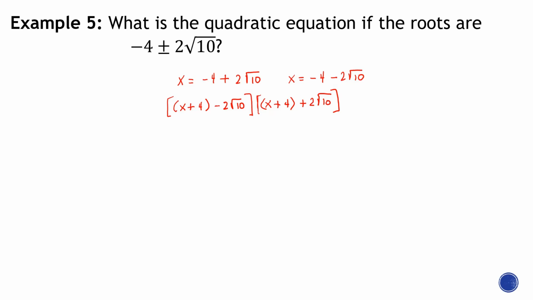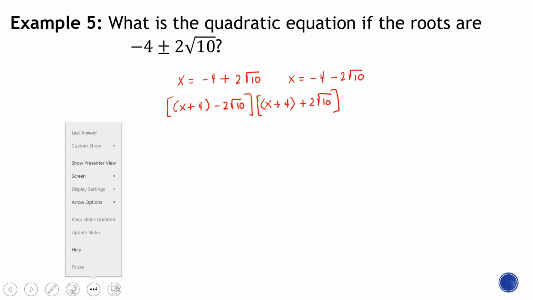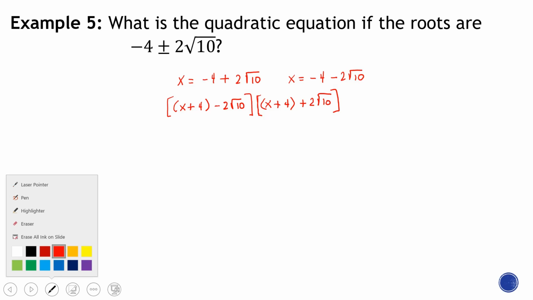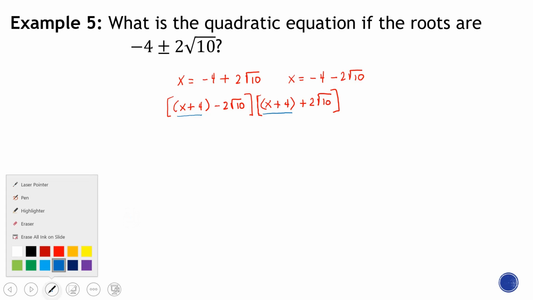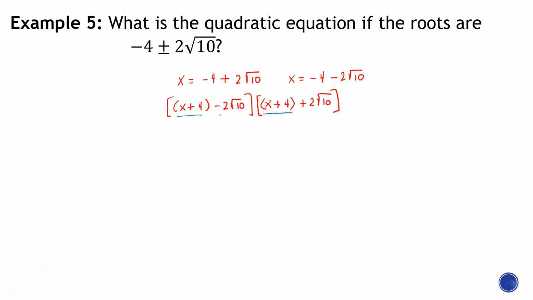Okay. So here, I know some of you already noticed this. It's like we are multiplying the sum and difference of two binomials, right? So here, see that they are the same. And also, here, they are the same.